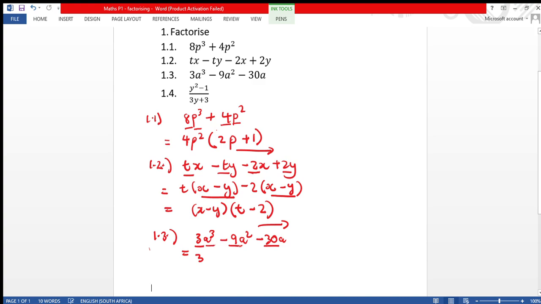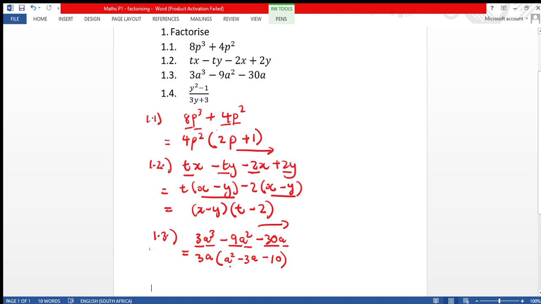Here you have a cubed, a squared, and a. We're going to take a as a common factor, so 3a is going to be our common factor. So dividing the first term, you'll be left with a squared. The middle term, you'll be left with 3a. Dividing the final term, you'll be left with minus 10.